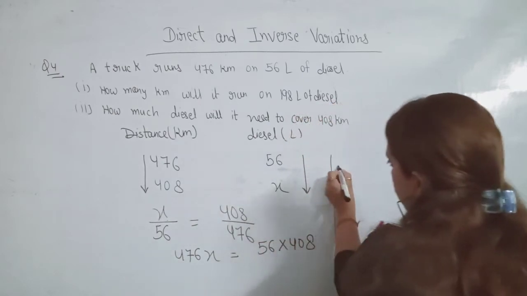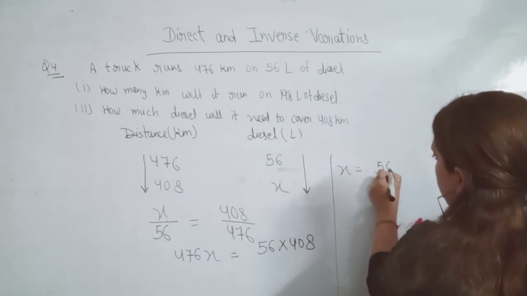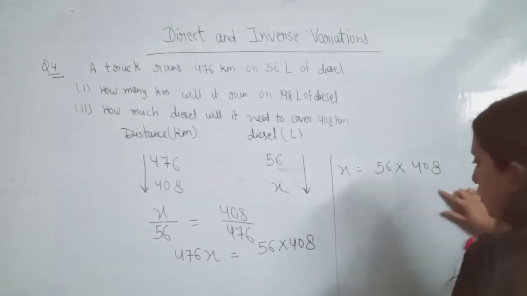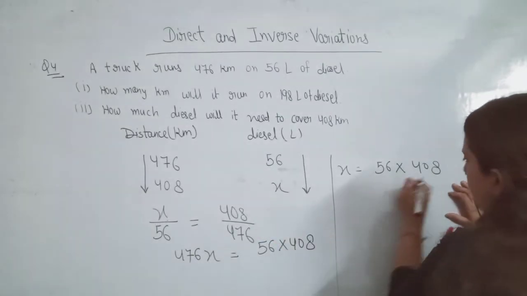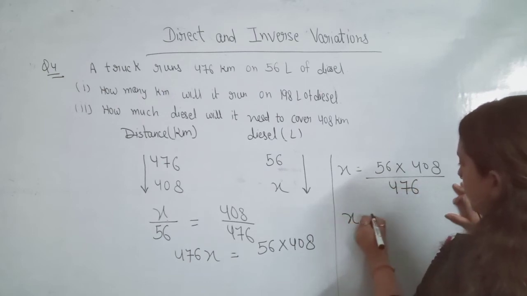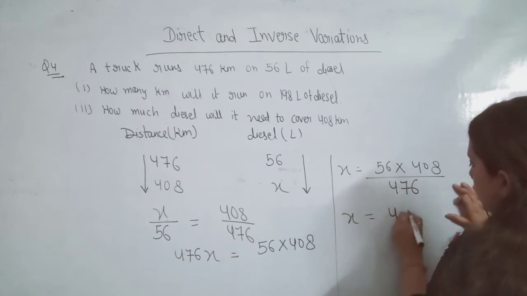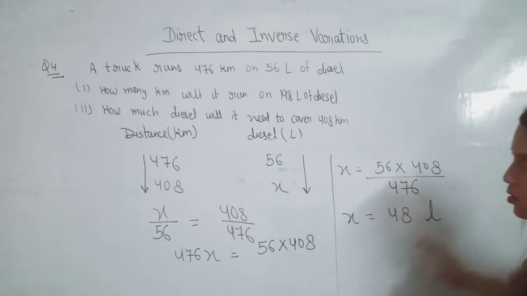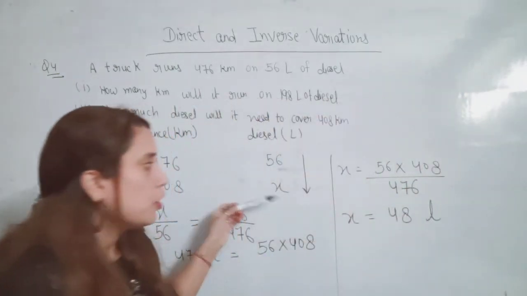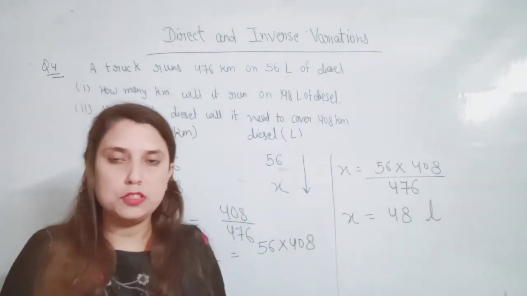So x is equal to 56 into 408 upon 476. When we solve it, x comes to 48 liters. So how much diesel will it need? 48 liters. This is question number 4.